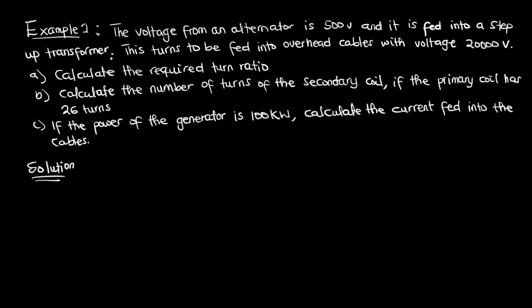Okay, so let's write down the parameters that we have. They say the voltage from an alternator is 500 volts and it is fed into a step up transformer. It means our primary voltage, which is EP, is equal to 500 volts. Now this is then fed into an overhead cable after the transformer has done stepping up the voltage.